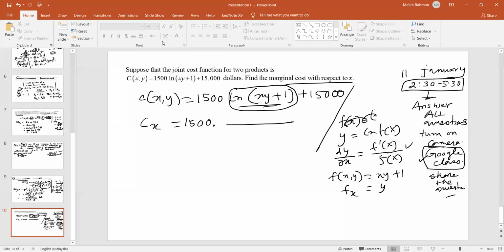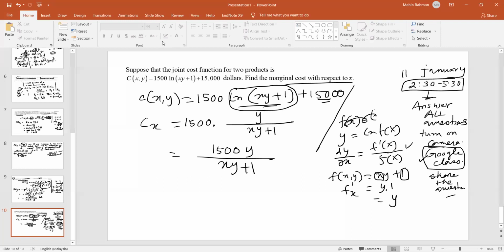So y times the derivative of x, which is 1, so it will be y, because the derivative of 1 is 0. So here f'(x) will be y, and f(x) will be xy + 1. And the derivative of 15,000 is 0. So the answer will be 1500y divided by (xy + 1).